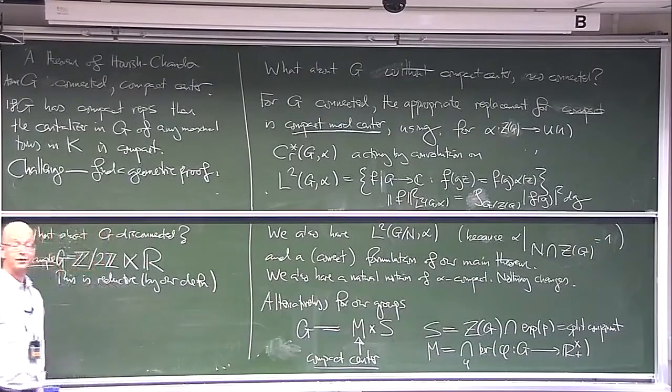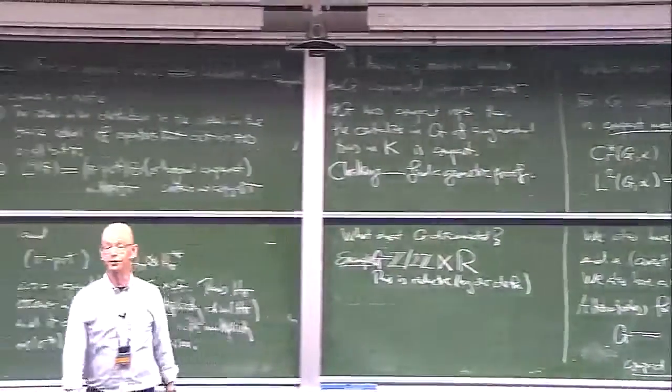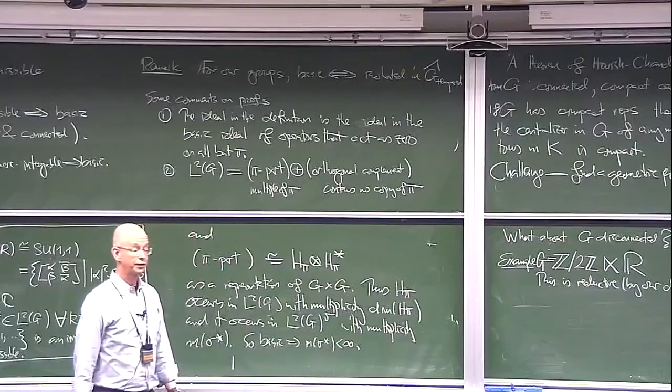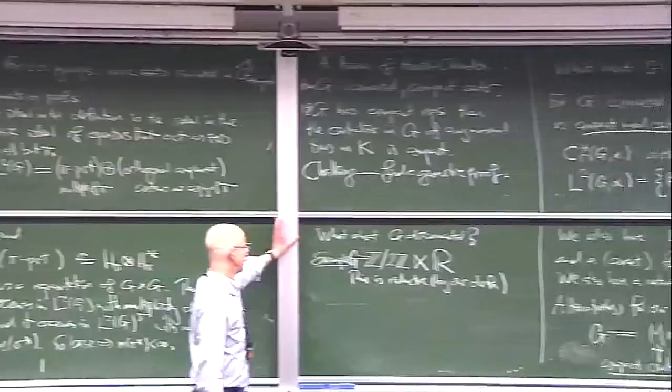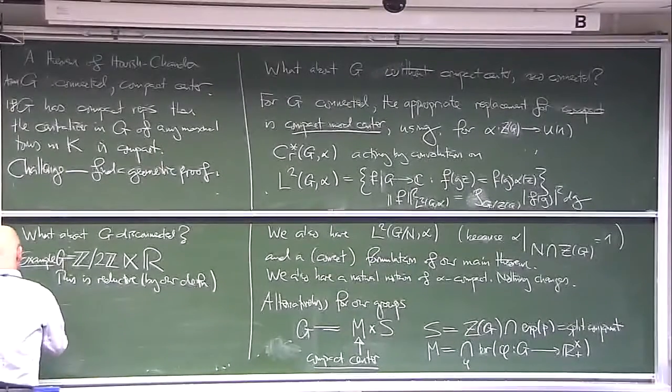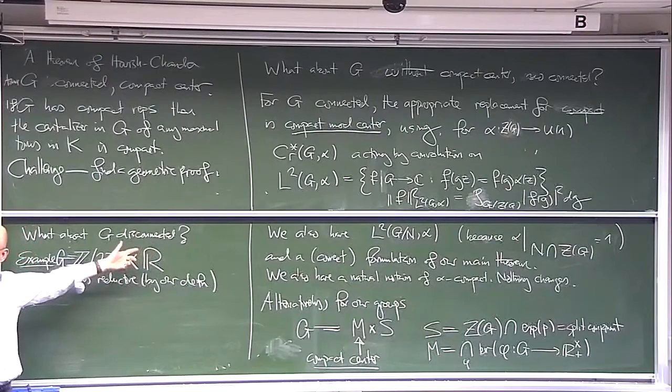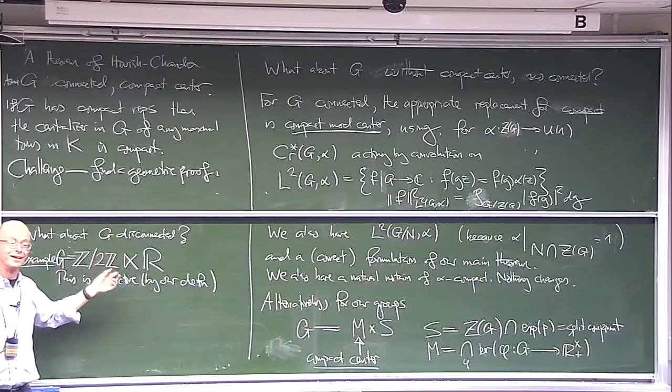You can realize it is almost connected, and you can realize it as a group of matrices closed under the transpose operation. Pretty easy. But it's complicated because this group is basically abelian. It's abelian plus some stupid element of order 2.